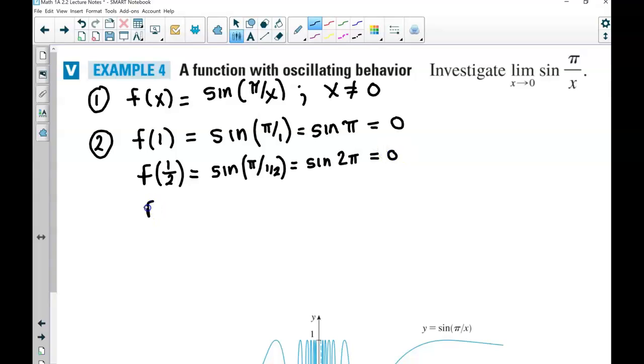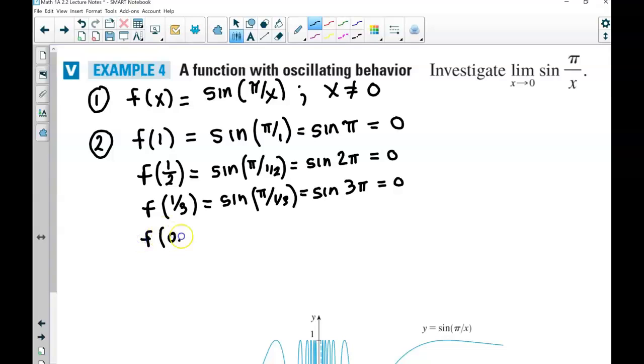If we take a look at f of 1/3, so this would be sine of pi over 1/3, which again is the sine of 3 pi, which equals 0 again.